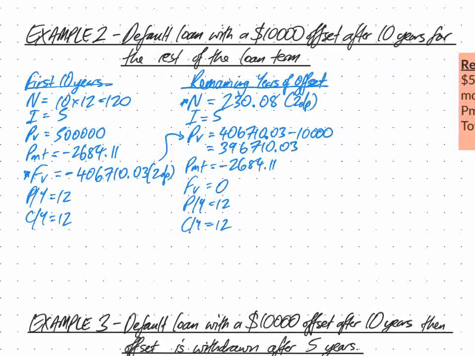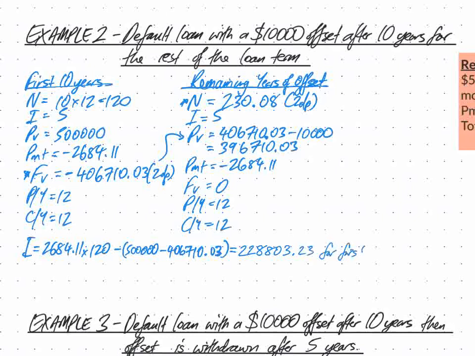So the interest for this section is going to be 2684.11, and I paid 120 times, minus 500 grand, but I only got the debt down to 406,710.03, and that gives me 228,803.23 for the first 10 years.